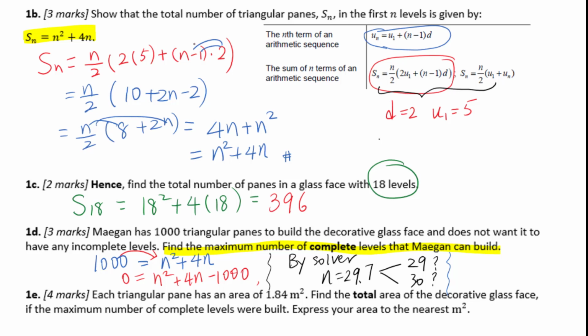We will plug back in this formula to check S sub n. For 29 squared plus 4 times 29, if this number is less than 1000, then this will be your answer.